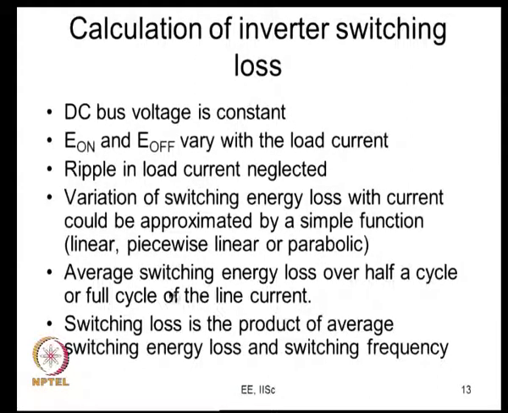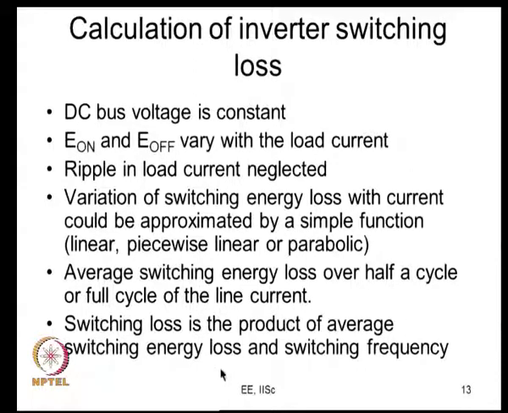Since you have expressed the switching energy loss as a function of current, and the current is a function of time or fundamental angle, you can integrate the switching energy loss over one half cycle of the current and take its average value. That average value gives you the average switching energy loss.